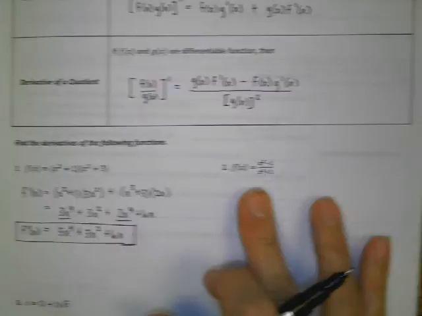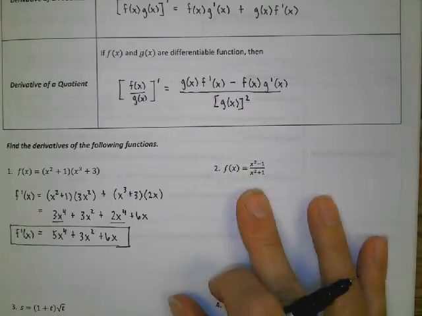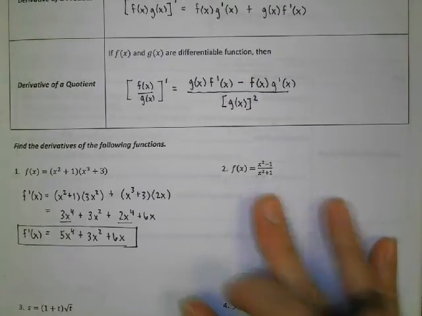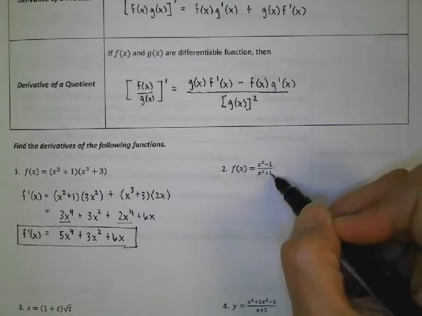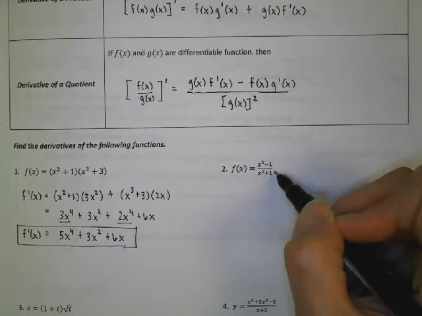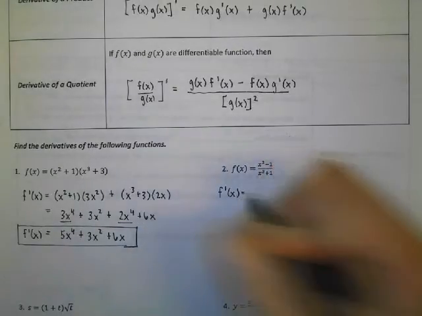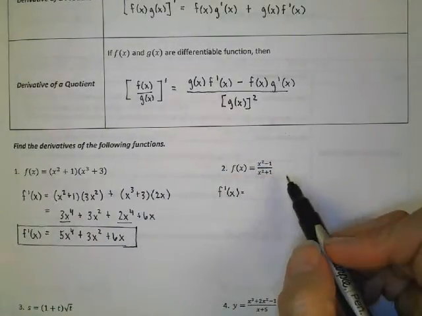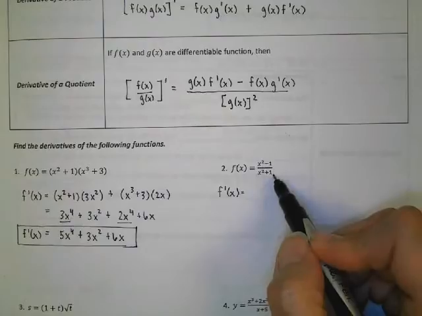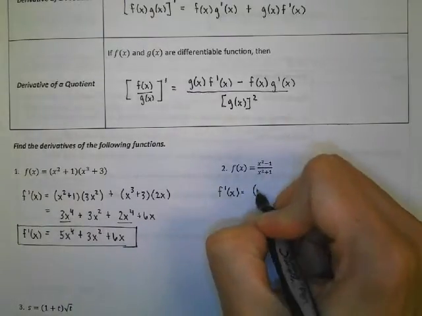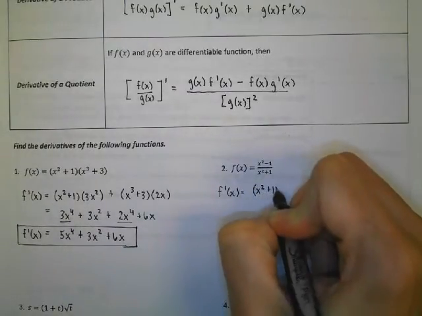My next example is clearly a quotient, so we're going to practice the quotient rule here. Again, I have a function in my numerator and another function in my denominator. If I look at the derivative, we said we're going to start off with our low function, which is x squared plus 1.